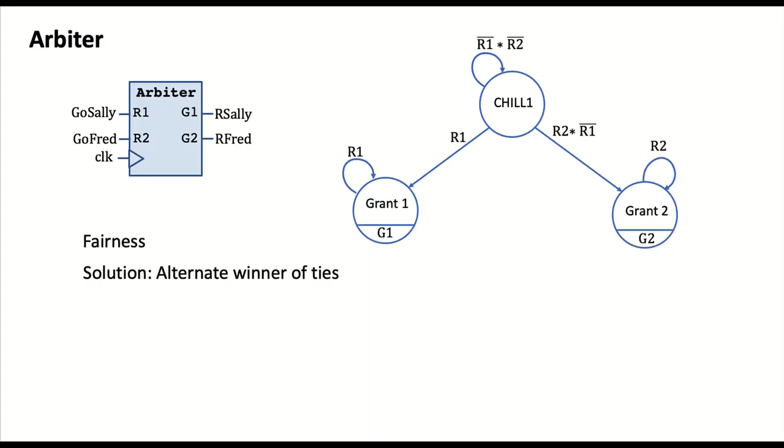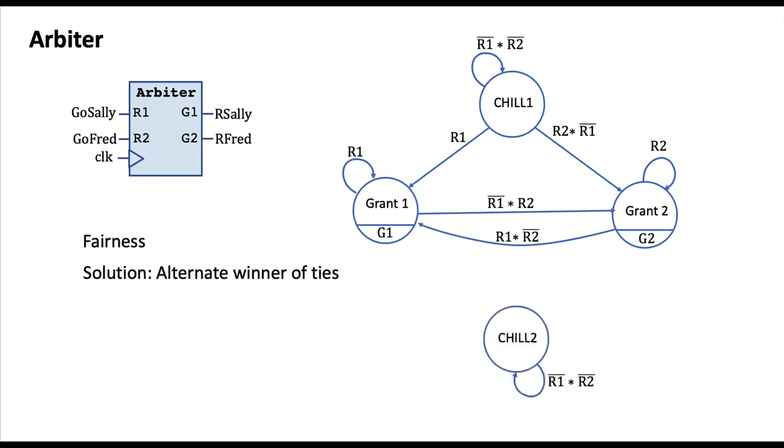But we'll go directly to the other state if one of them doesn't want it anymore and the other does. So you can go directly from grant 1 to grant 2 if the other requester wants it immediately. But once Sally no longer wants it, we'll go to chill 2.